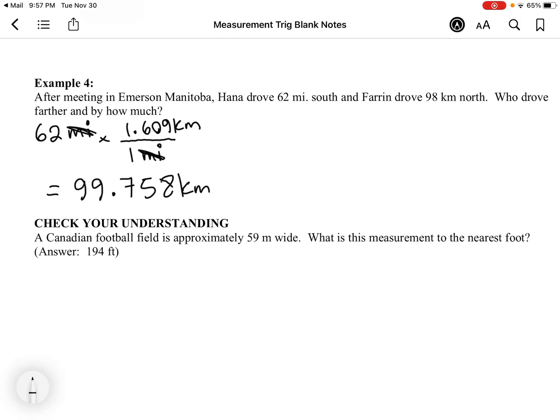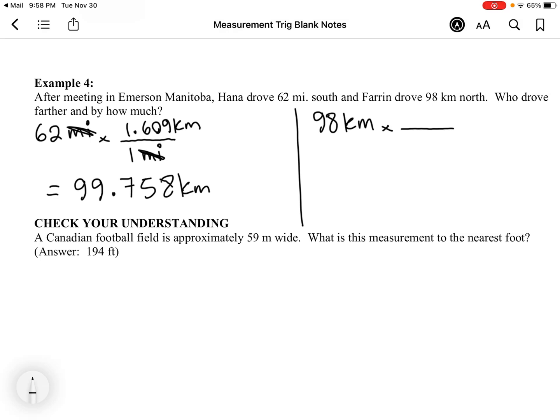Okay, you could also, though, figure out how far Farron drove in miles. So if we want to convert 98 kilometers to miles, we have to multiply by this same conversion factor, but now the kilometers needs to go in the denominator and the miles goes in the numerator.